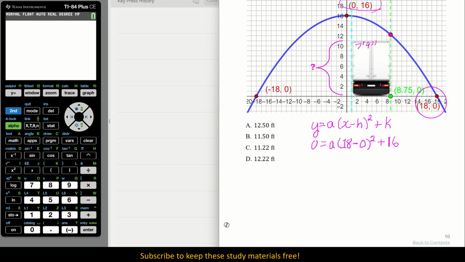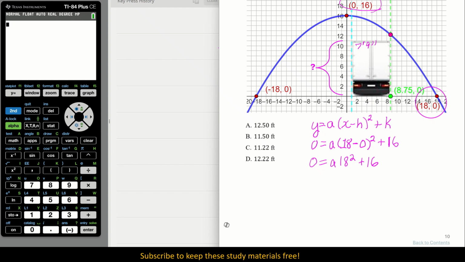They gave you those decimals and the answers are close enough that it would cause you a problem. So let's do a little bit of handwork here, which is not a big deal. So 0 equals a times 18 squared plus 16.